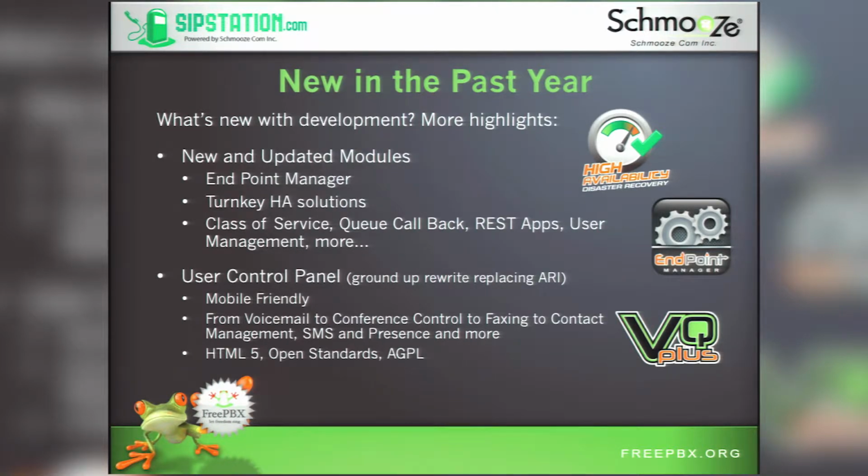We announced an HA module, basically a turnkey HA solution, at the last AstriCon. That's been in production now for 11 months. We've got HA solutions at customer sites across the globe. It's a great solution.